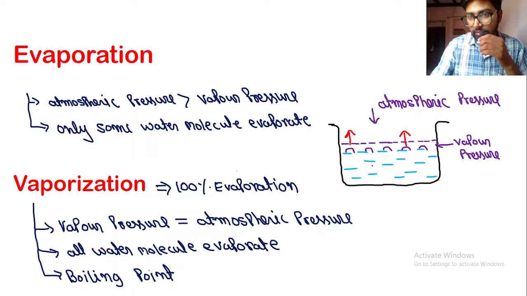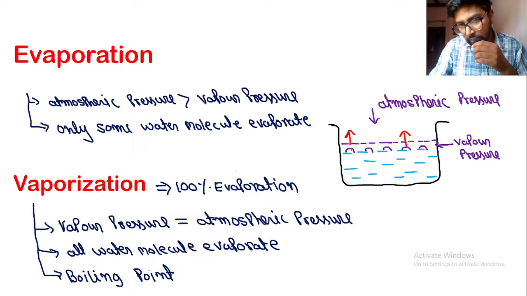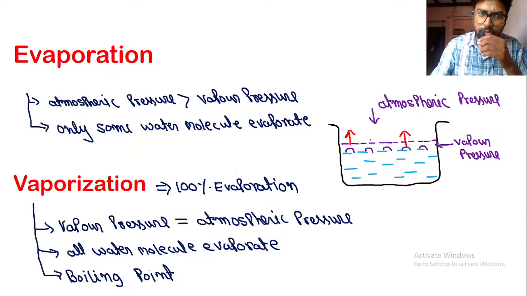Come to another point, that is evaporation. Suppose water is filled in this vessel, then there is water vapor pressure at the surface of the water, and atmospheric pressure is coming in the downward direction. At a lower temperature, some of the water molecules can evaporate, but not all.